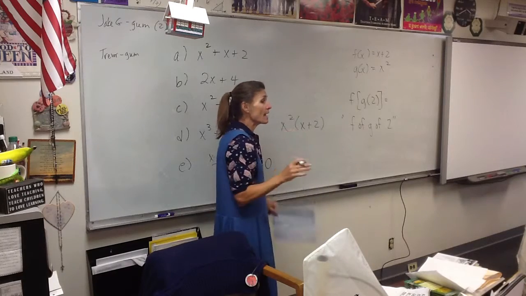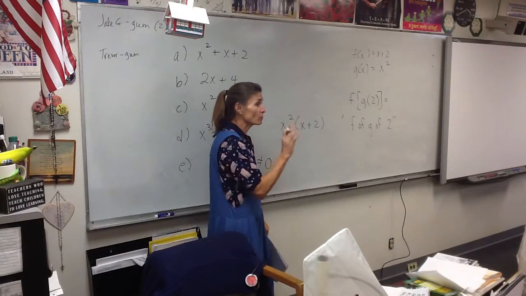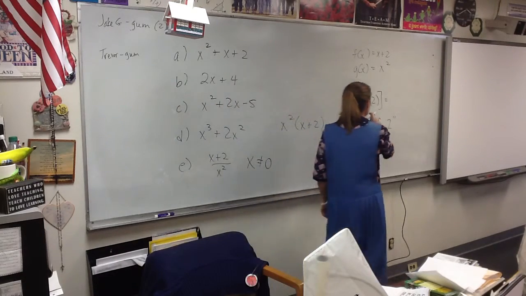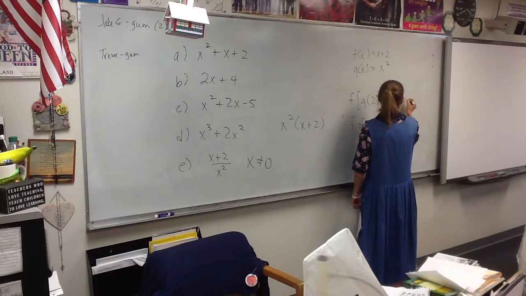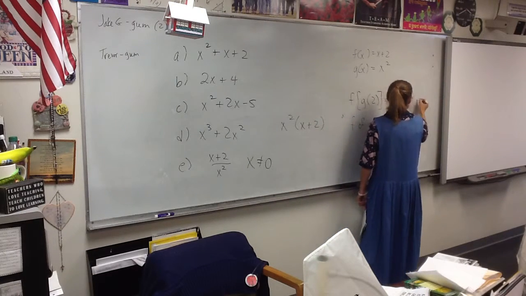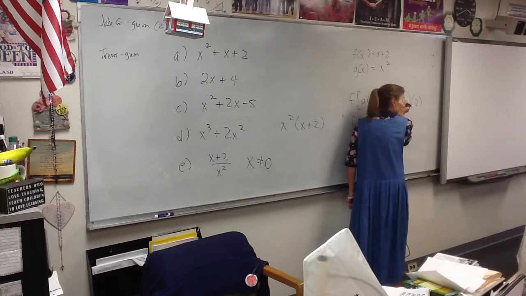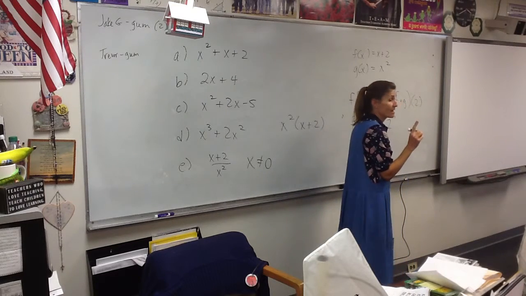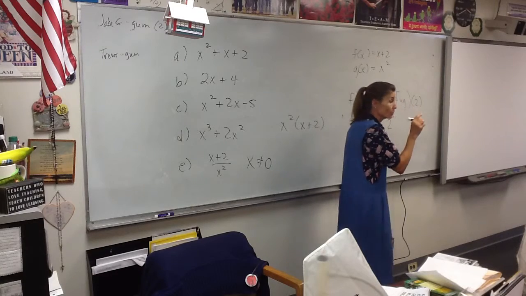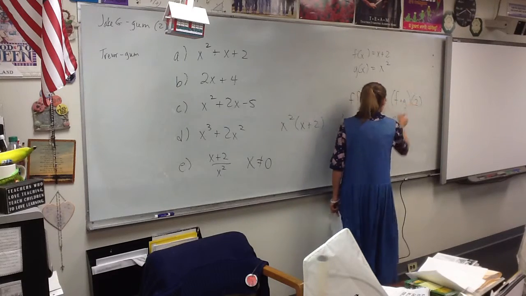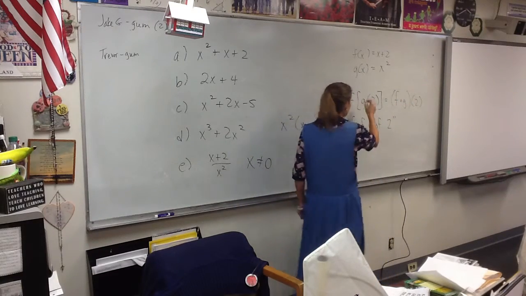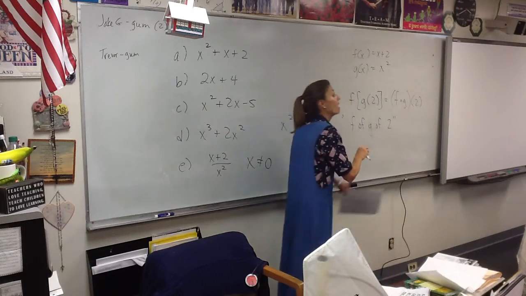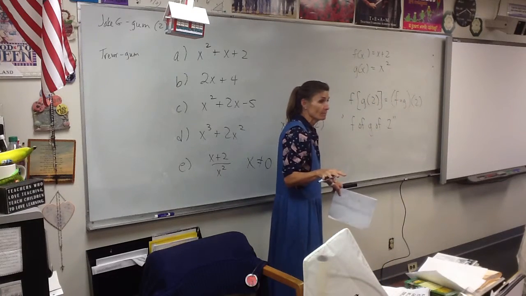Now, depending on your book and your teacher last year, you may have seen this written like this, with a little open circle there. That is not a times sign, that's an open circle, and it means F of G of 2. These two notations mean the same thing.